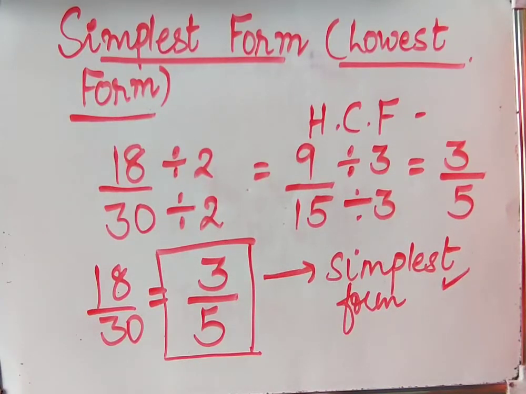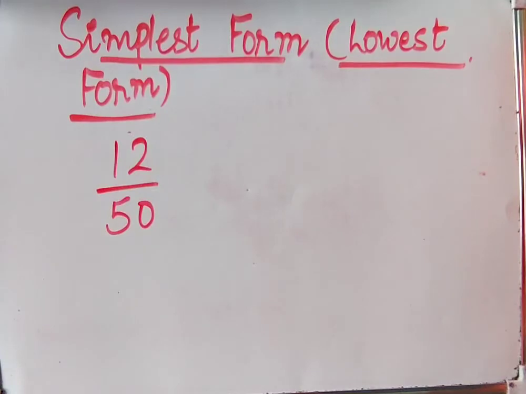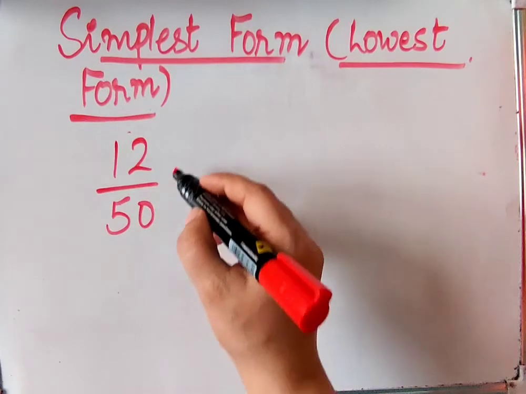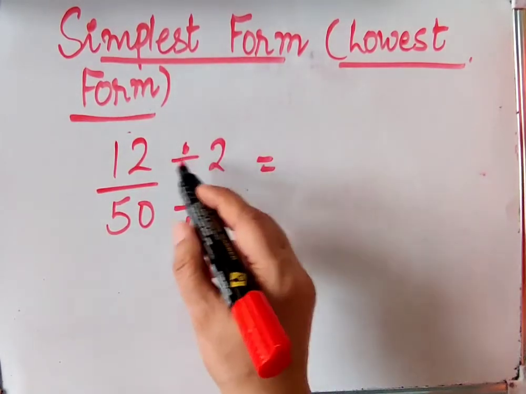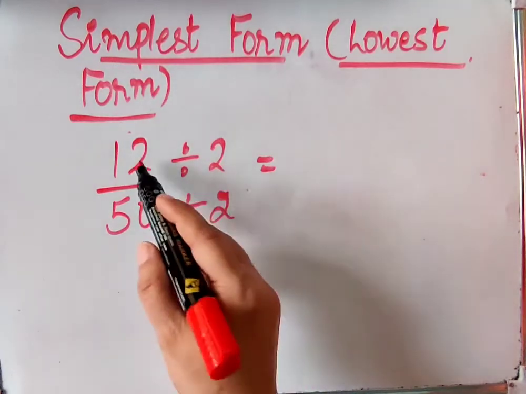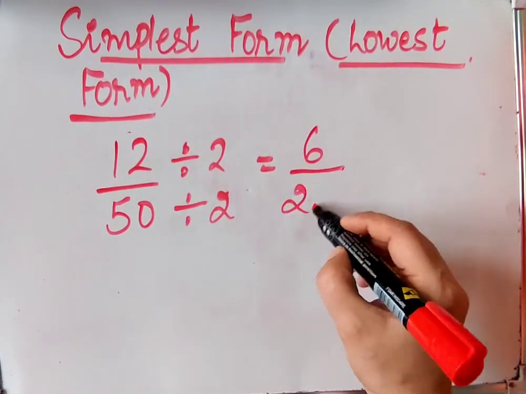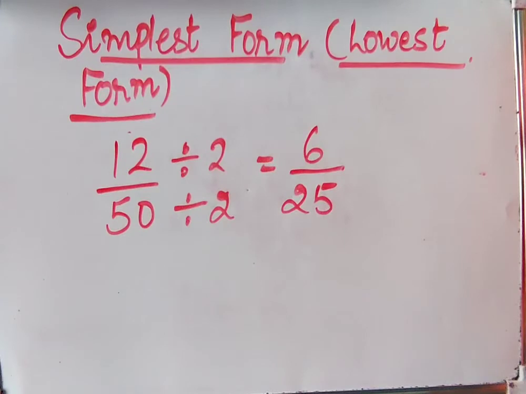Let us take one more example. Let us turn 12 by 50 into its simplest form. So 12 and 50 both come in the table of 2. Dividing both the numbers by 2: 2 sixes are 12, 2 twenty-fives are 50.